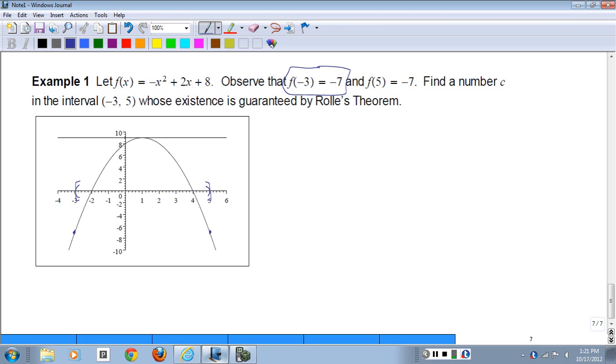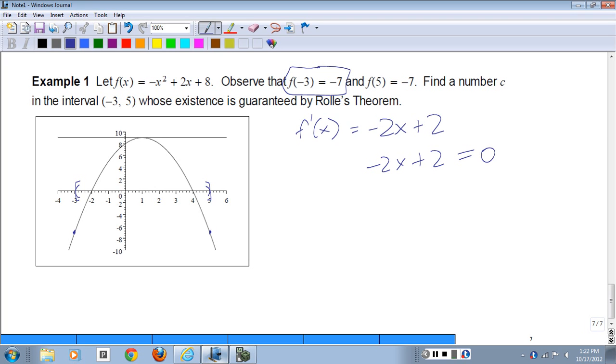So find the value of C, whose existence is guaranteed. So f prime of x equals -2x plus 2. We just want to confirm that there's a solution to the equation -2x plus 2 equals 0 between -3 and 5.